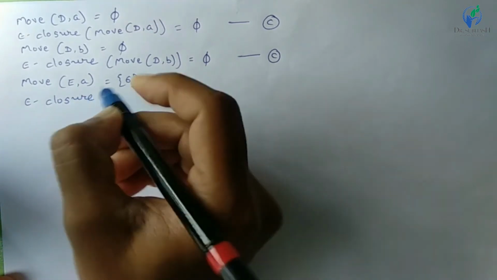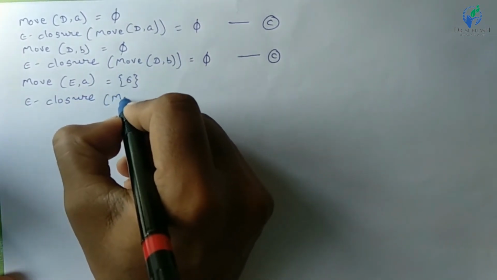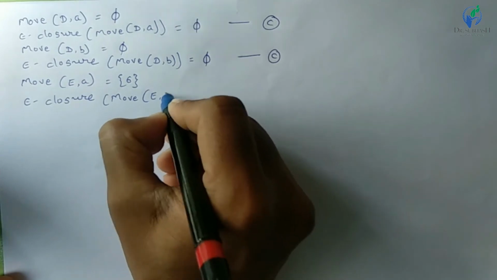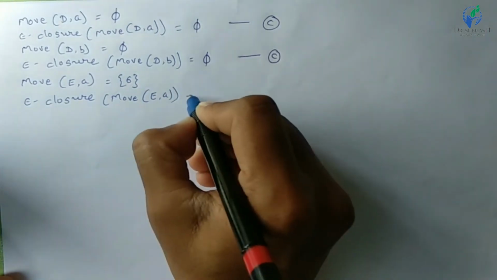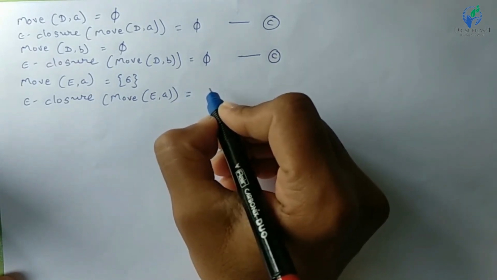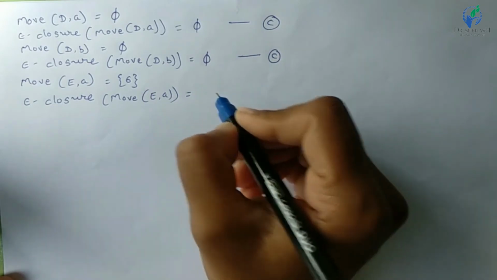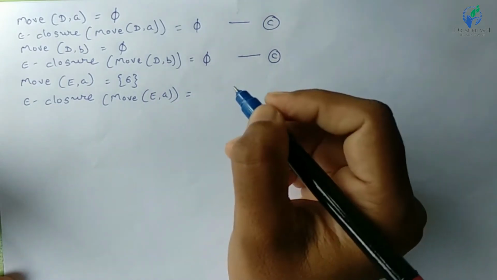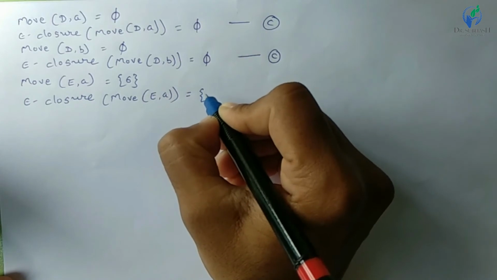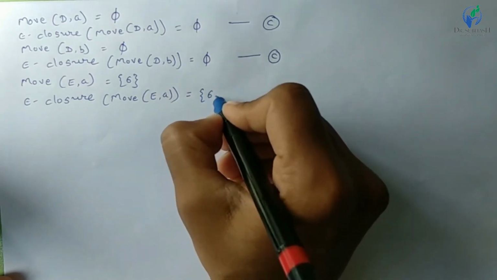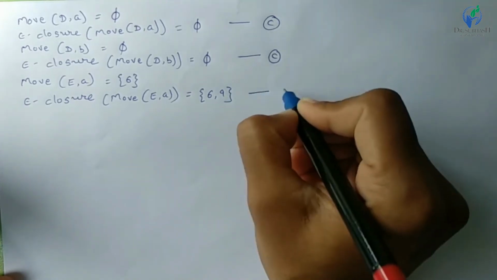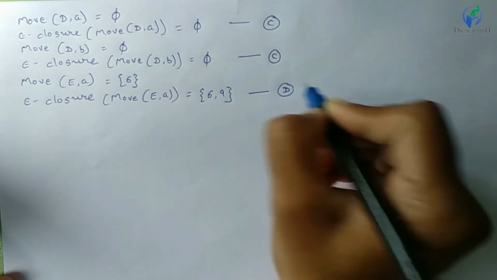So epsilon closure of move E to A is equal to 6 and 9, which is state D.